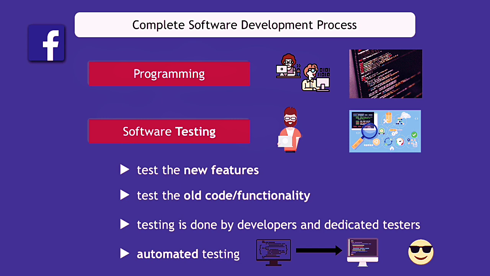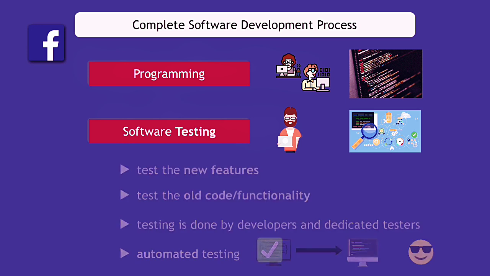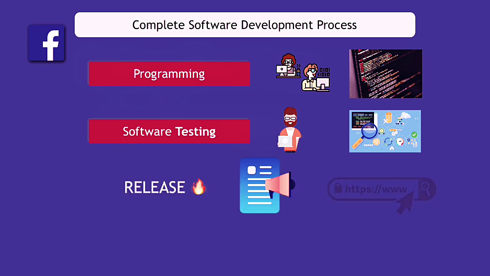Let's say a new feature was added to Facebook, developers finished the development, they tested it locally, they checked that everything works in the code, nothing is broken, then a bigger layer or higher level testing is done to make sure that nothing was broken and everything works in combination. The automated tests ran, and now it's time to show that new feature to the users, right? So kind of roll it out to the whole world as a new feature.